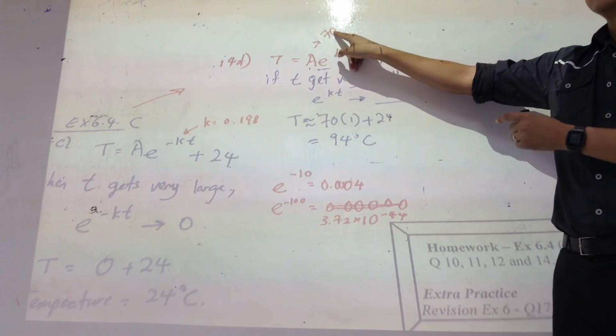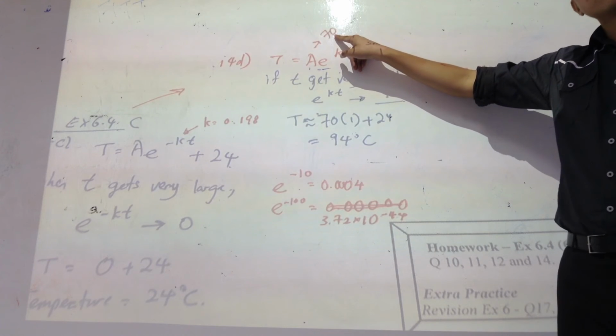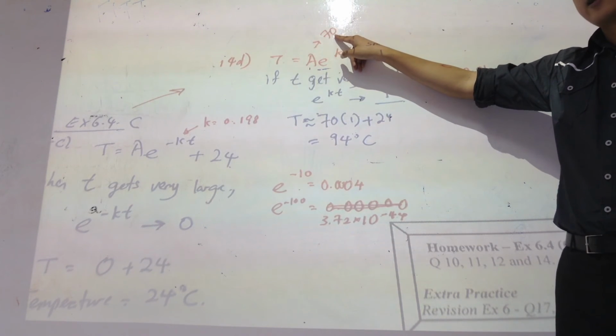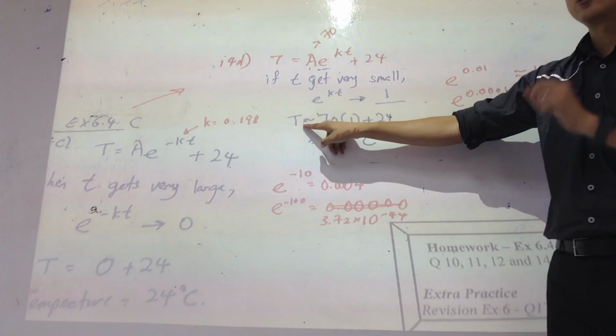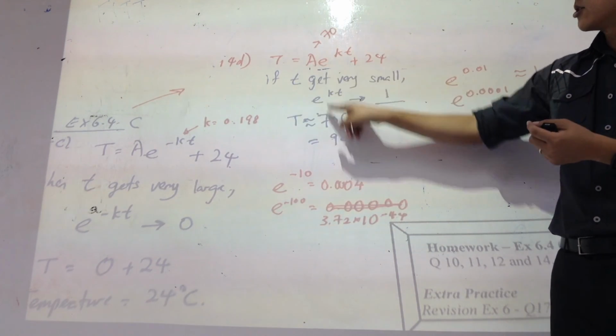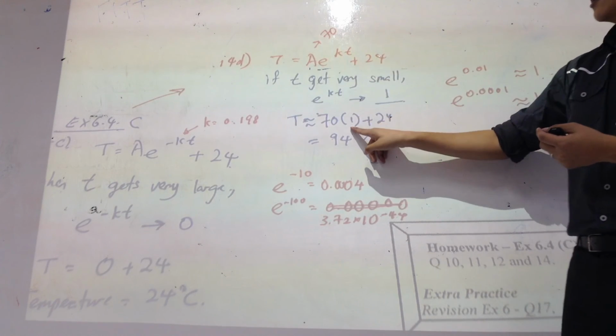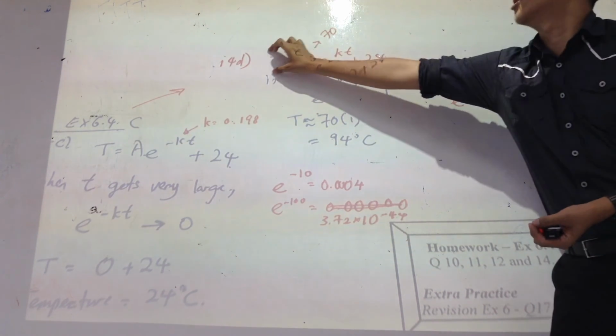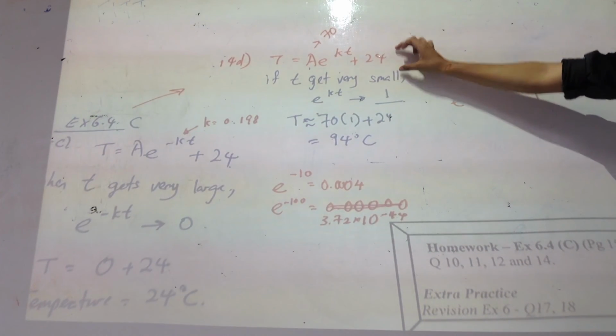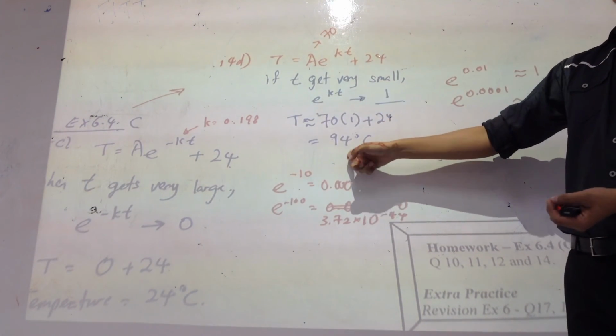What is A? 70. How do you get 70? From 14 part A. So then, if this whole thing approaches 1, the temperature will be about A, which is 70, times 1, plus the 24. Do you follow? Based on this equation, therefore, I add this number, it is 94.